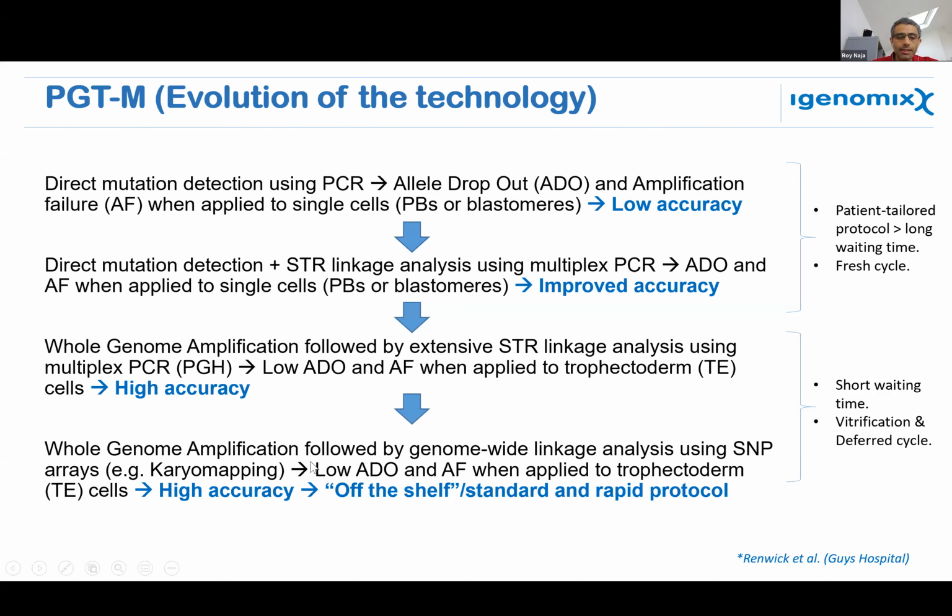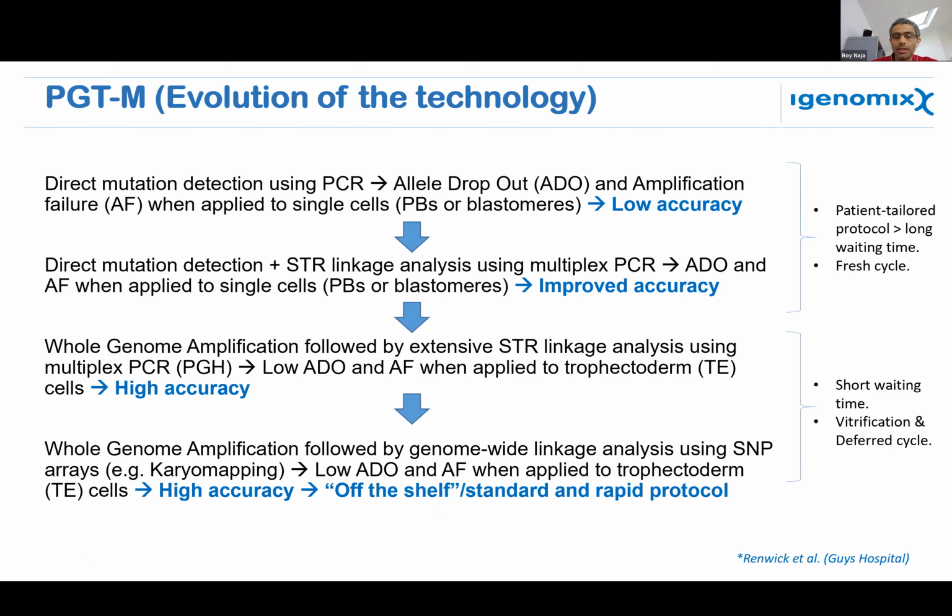And the latest technology is carrier mapping, which is a linkage analysis technology based on SNP arrays. So the technique now has high accuracy, low ADO and amplification failure, and with carrier mapping, it is an off-the-shelf, standard and rapid protocol that can be applied to more or less all patients.